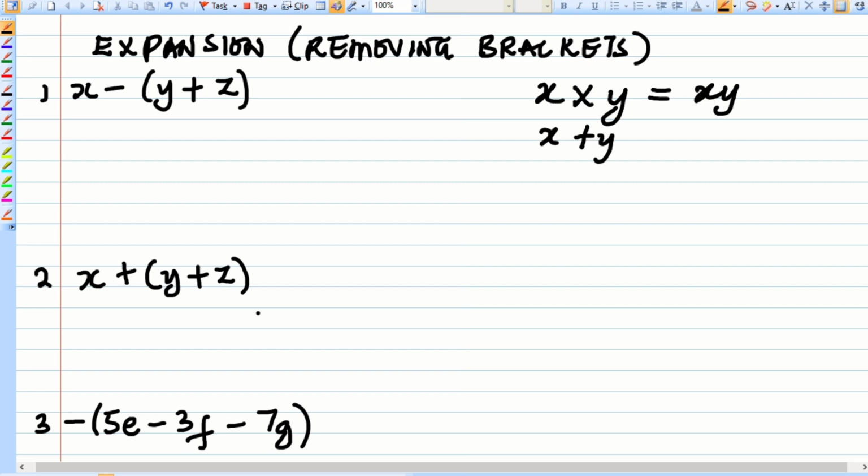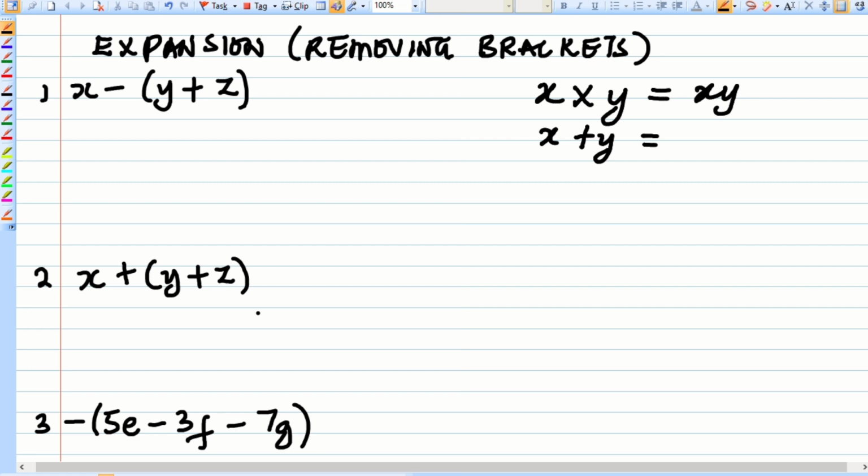x plus y is another one. Now, when we are dealing with algebra, we're using letters to represent some unknown numbers. So when we have x and y, they are not like terms. We can't add unlike terms together. In real life, it's just as though you're giving one orange and one pineapple.